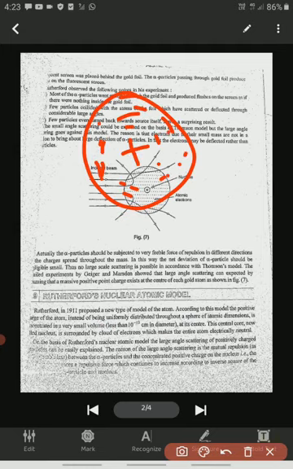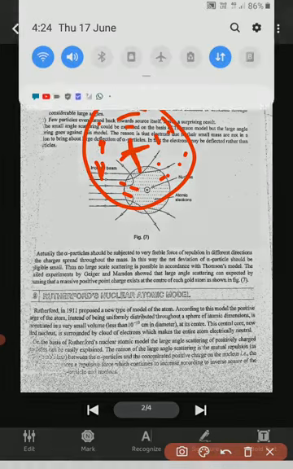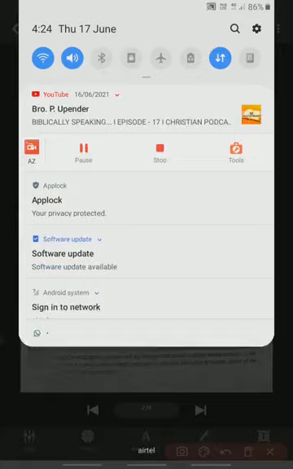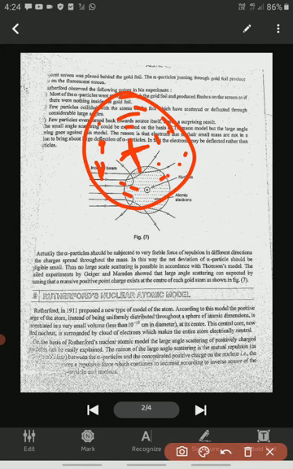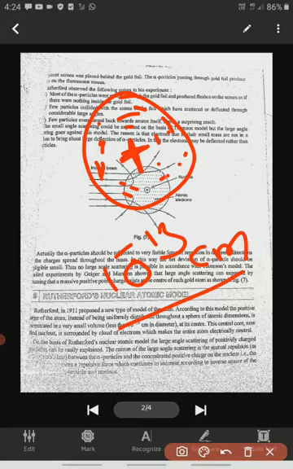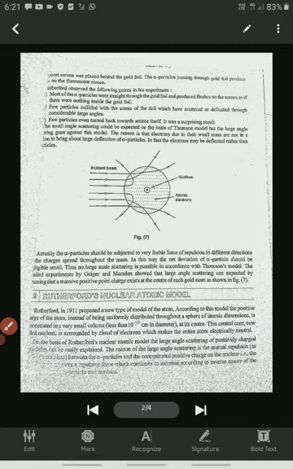According to alpha particle scattering, all the positive charge and the mass of the atom are concentrated in one place, and that is called the nucleus. These are the assumptions of Rutherford, and the size of the nucleus is nearly 10 power minus 13 centimeter.